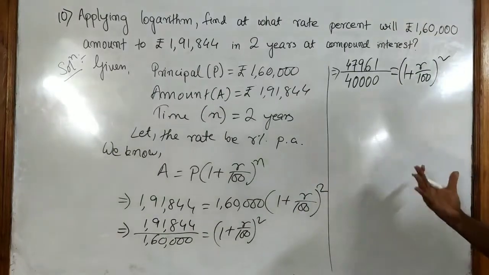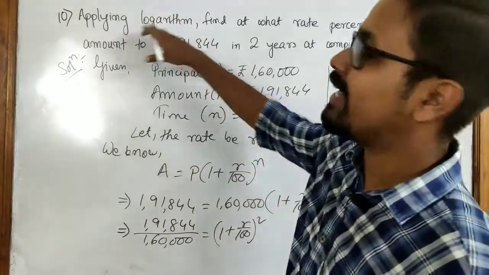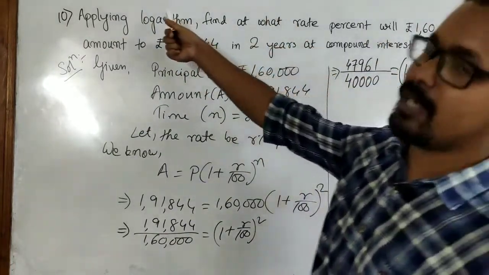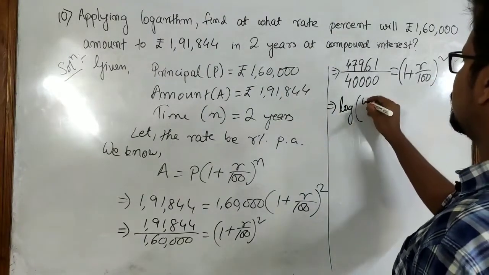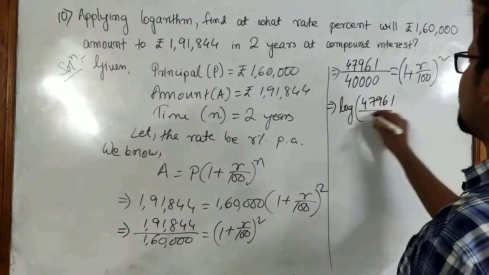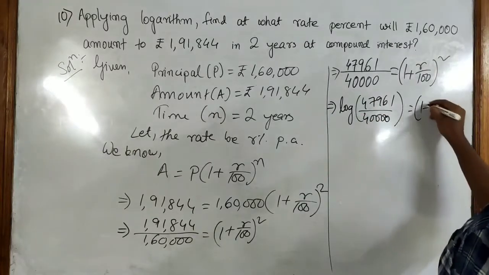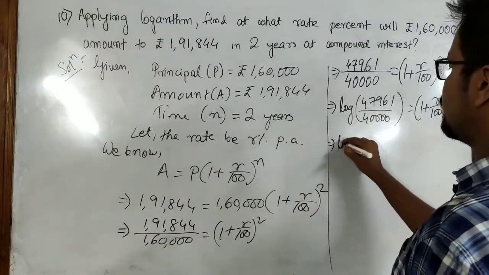So now let us use logarithm, because the question says to apply logarithm. Otherwise we can find the value even without logarithm, but since the question is to apply logarithm, let's take log on both sides. So 47,961 by 40,000 is equal to (1 plus R by 100) to the power 2.